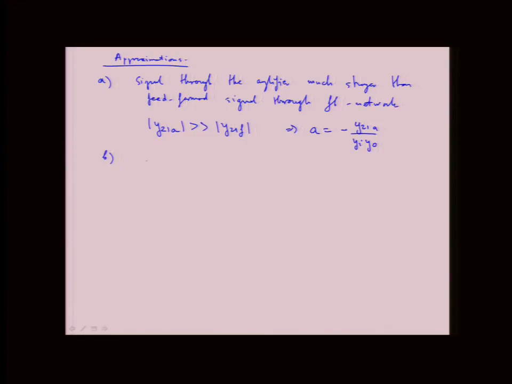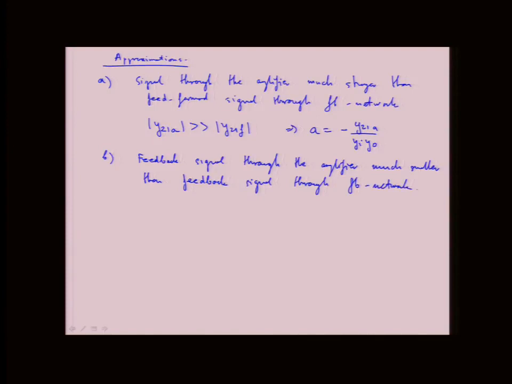The other one is that the feedback signal through the amplifier is much smaller than feedback signal through the feedback network. This is what we're designing the feedback network for, so that it can more easily pass the output signal to the input rather than going through the amplifier itself. This assumption is very often true.